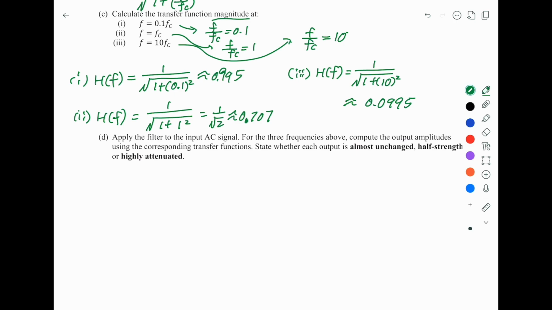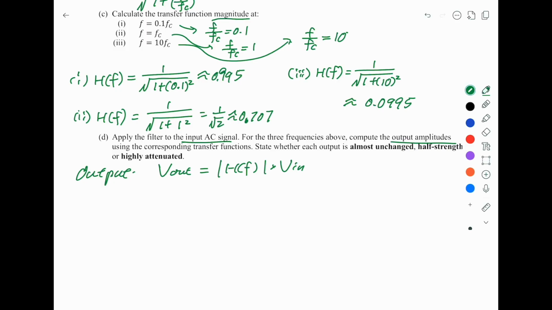Apply the filter to the input AC signal and compute the output amplitude, and then we see how the transfer function changes. Now we can see how the transfer function modifies the input signal, in particular the amplitude. The output amplitude is the amplitude of the transfer function multiplied by the input.